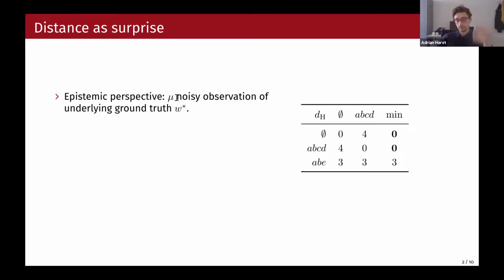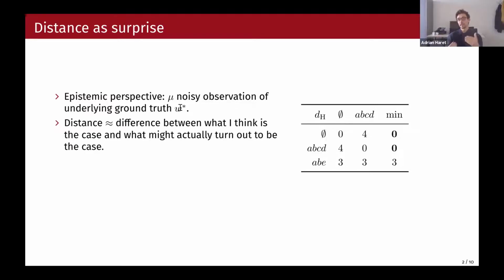And by getting this flux of observations, you refine your prediction about what this underlying ground truth would be. And this is consistent with the epistemic perspective, very much in line with what Nina was talking about in the morning.